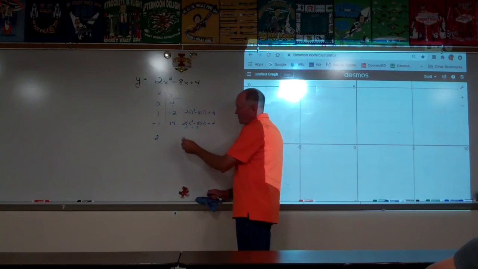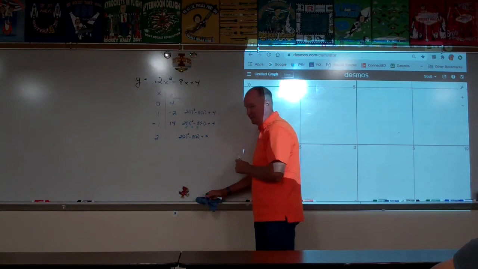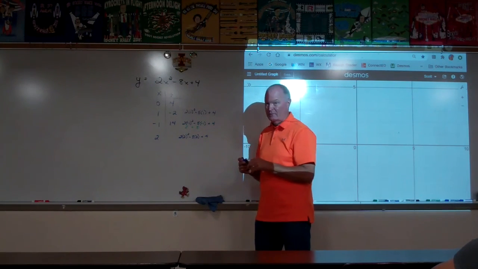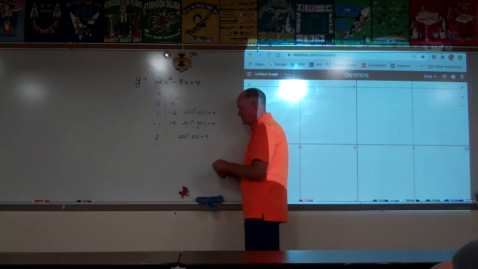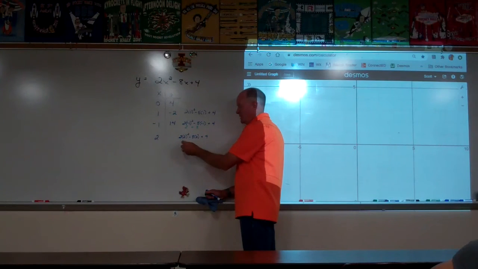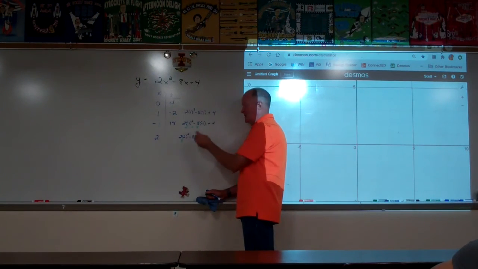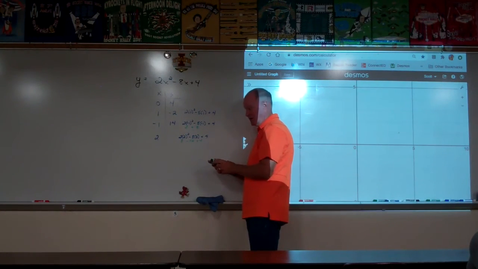If I plug in 2, that's 2 times 2 squared minus 8 times 2 plus 4. This is very labor intensive, okay? Very labor intensive, unfortunately. 2 squared is 4 times 2 is 8, minus 16 plus the 4. 8 minus 16 is negative 8 plus 4 is negative 4.